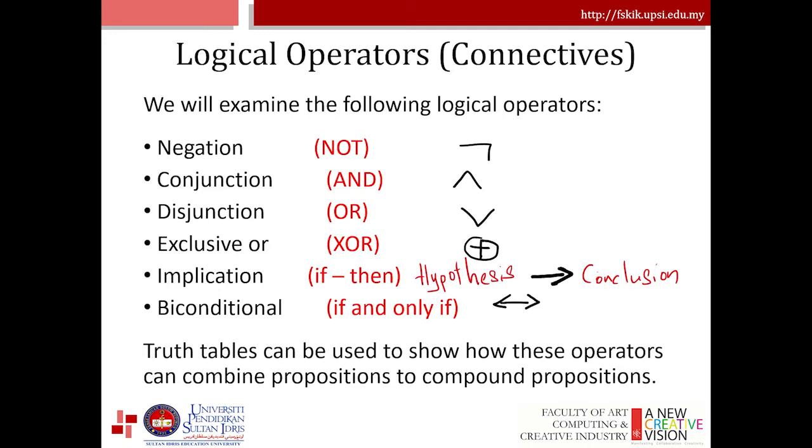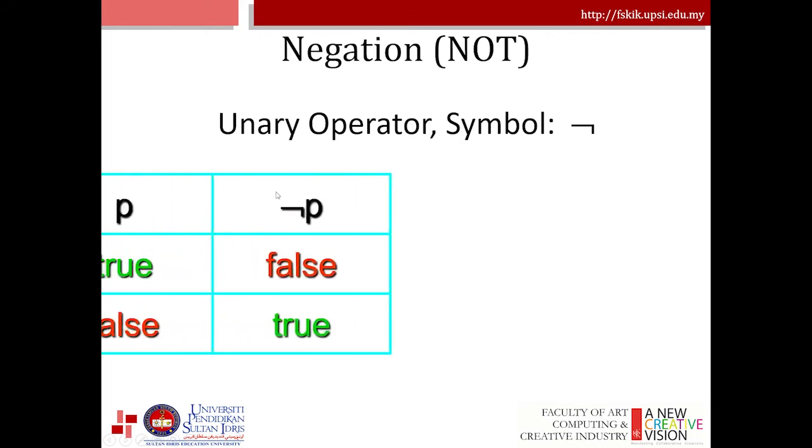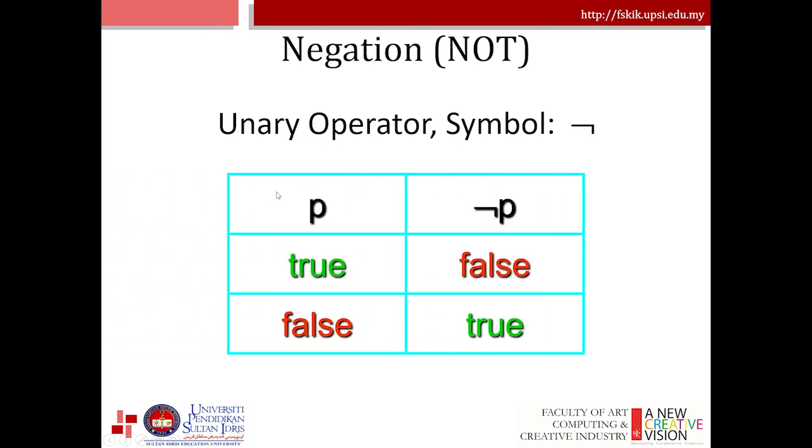The truth table can be used to show how these operators can combine propositions into a compound proposition. To compound means to combine, or another word is to compound. We take a look at the first, negation. We can have the unary operator.